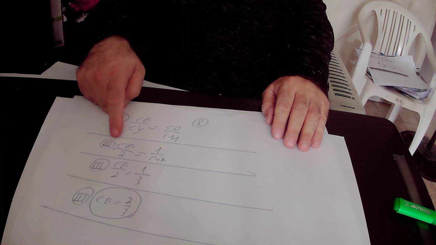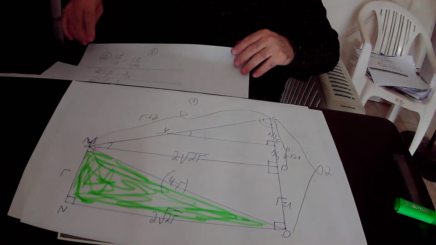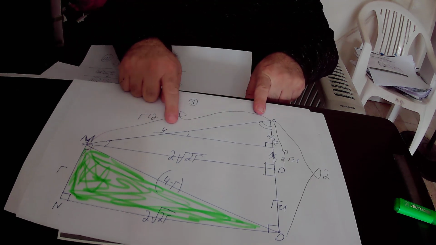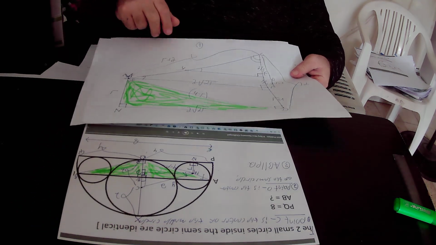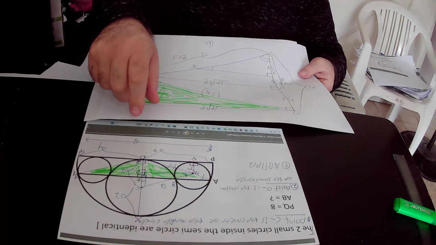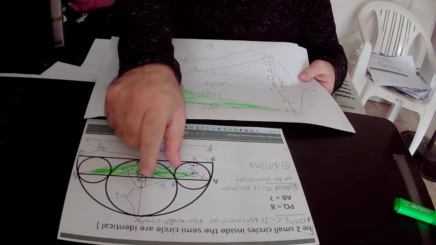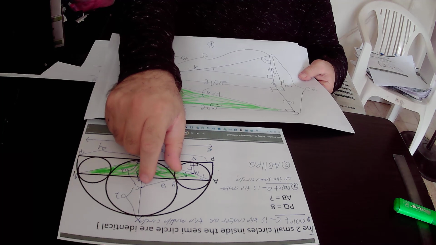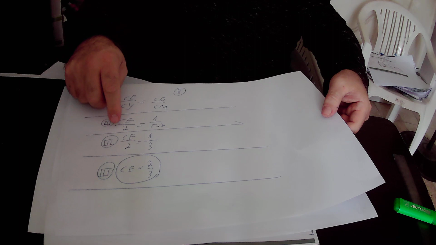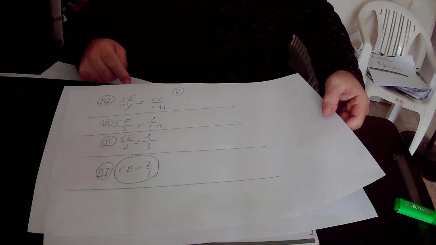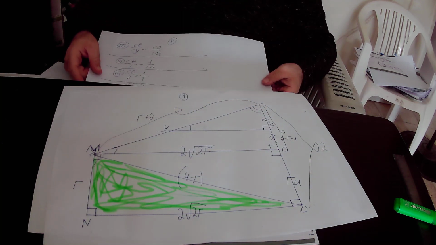So CE over CY. What is the value of CY? The value of CY is actually the radius of the middle circle. As you can see here, this is CY, it equals 2 units. So CY equals 2, and it equals CD. What is the value of CD?